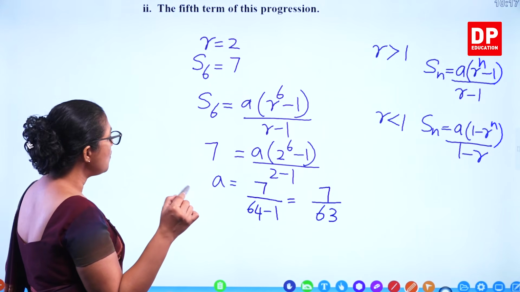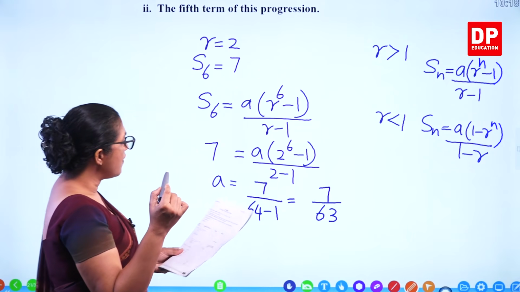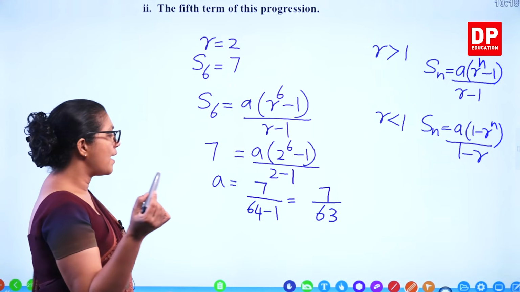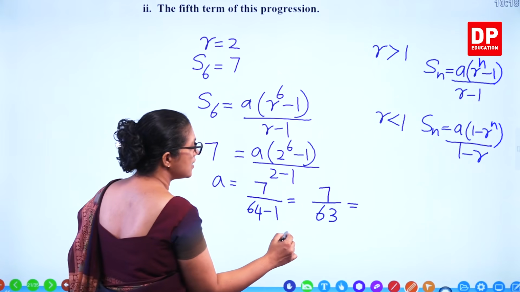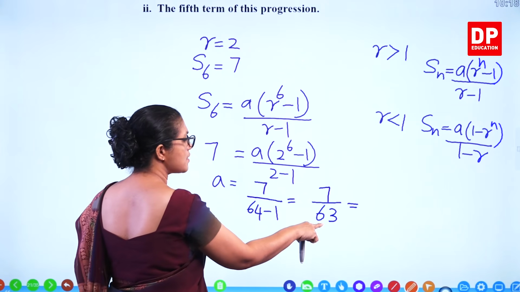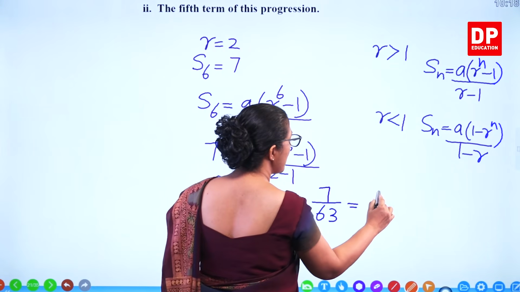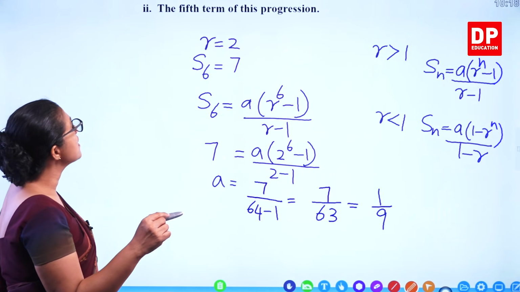Let's check the answer sheet and see whether it's correct. So that's correct, but you can simplify. So what is 63? 7 times 9, 63. So you can simplify and write 1 over 9 for the first term.